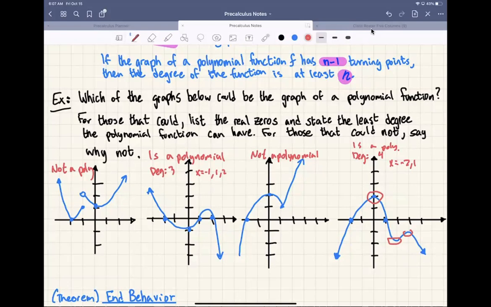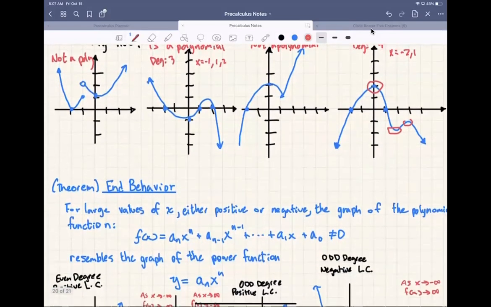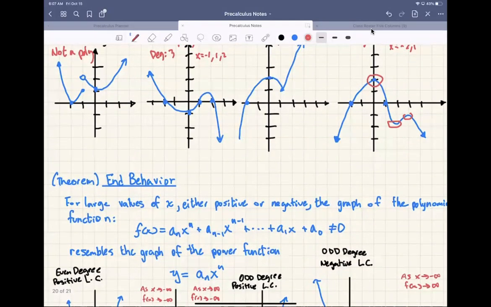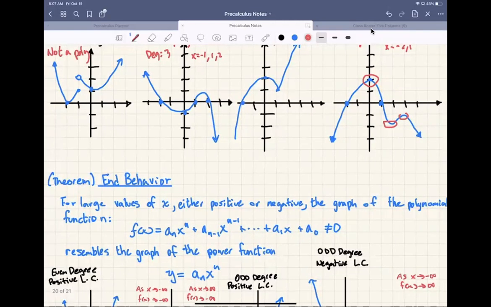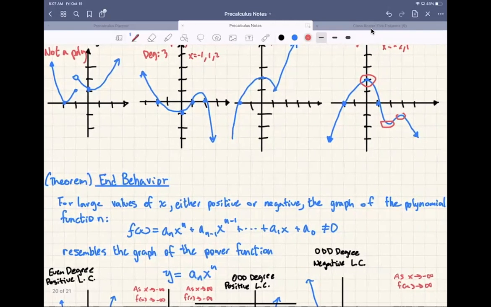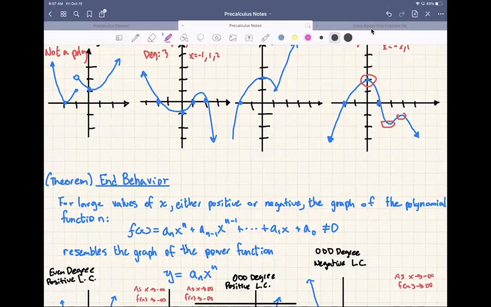Okay, let's move on to the next slide, to the next theorem. End behavior: for large values of x, either positive or negative, the graph of a polynomial function resembles the power function of its highest-degree term.